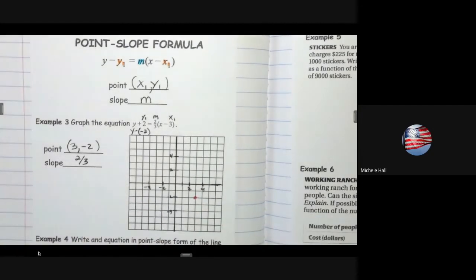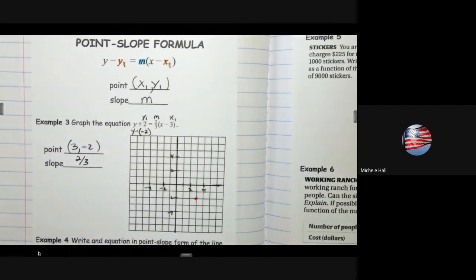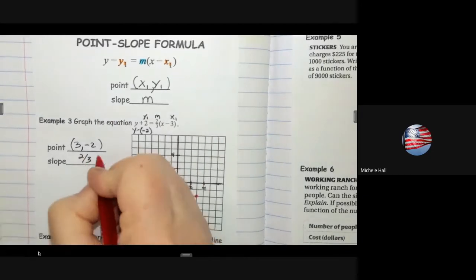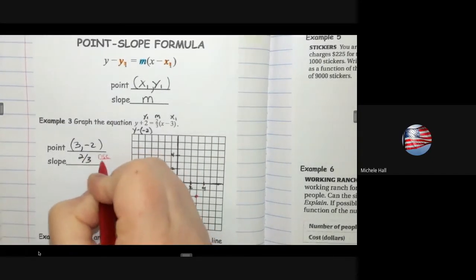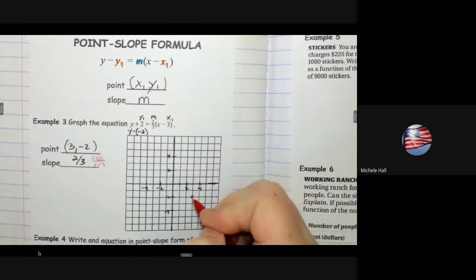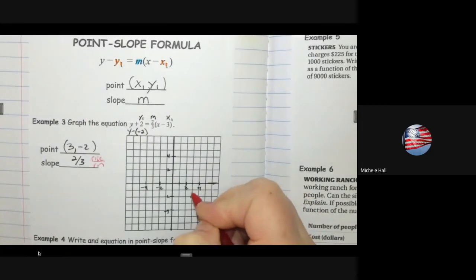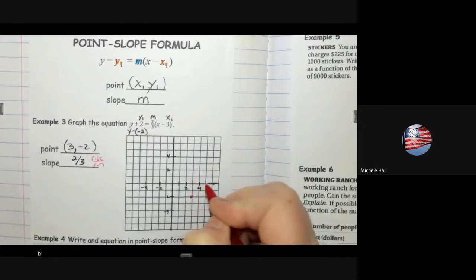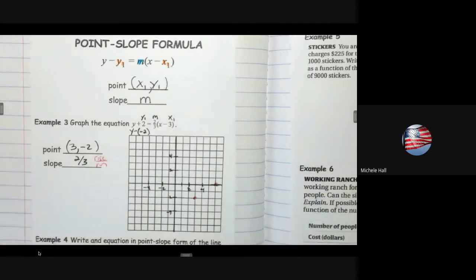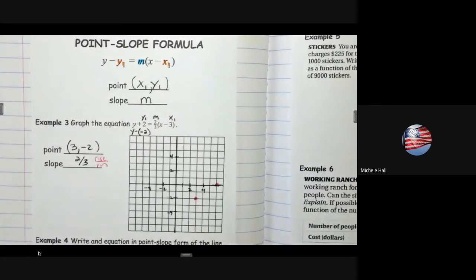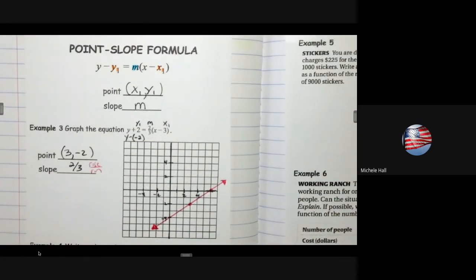There's my first point. Now from that point, I'm going to rise and run my slope. So from this point, I'm going to rise 2 and run 3. Now I have 2 points that determine a line. All right, that's how you graph in point slope form.